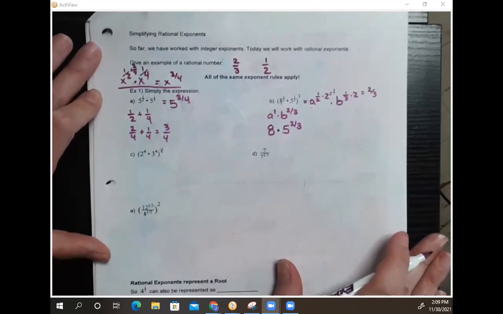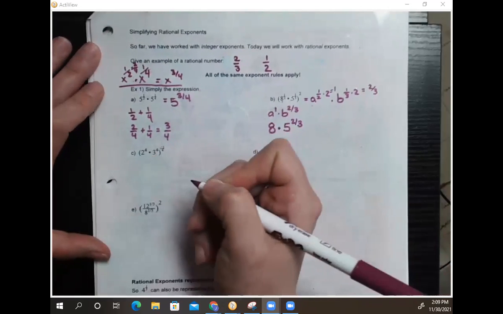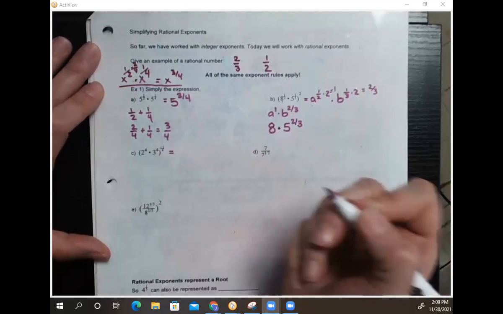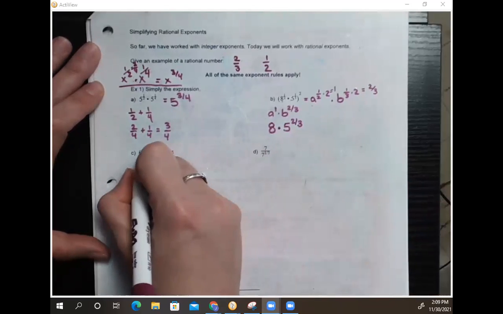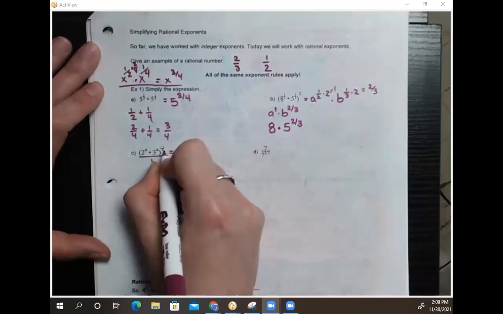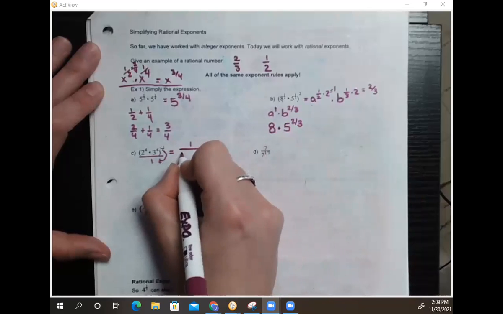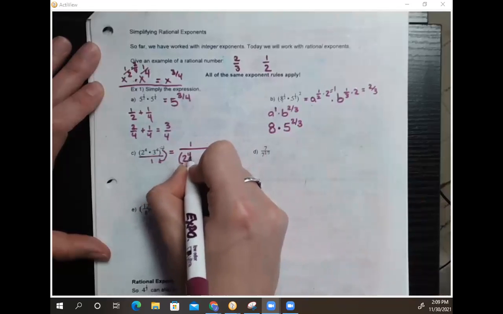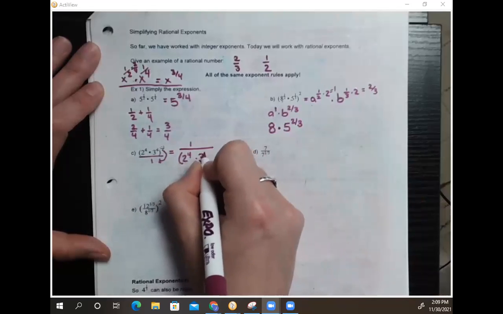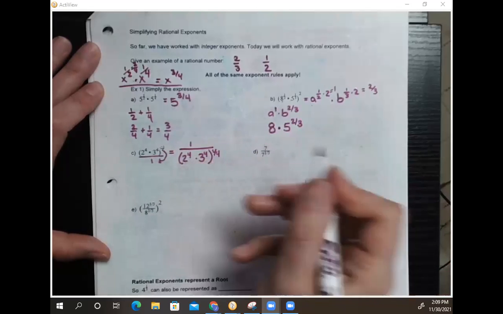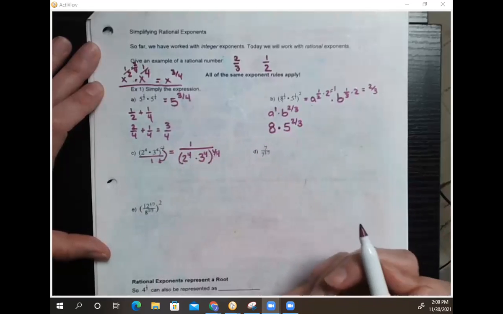For C, we've got a negative exponent here. So I'm going to start by moving this to the other part of our fraction. This would all be over 1. I'm going to move this to the bottom. So now I would have 1 over 2 to the 4th times 3 to the 4th, all to the 1/4 power. I'm going to go ahead and distribute in that exponent.